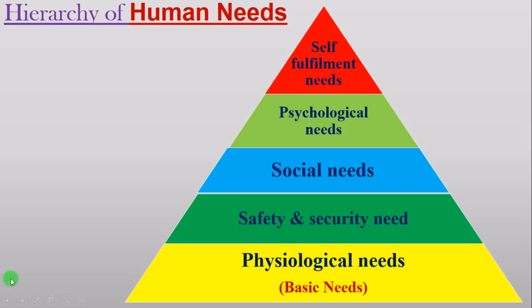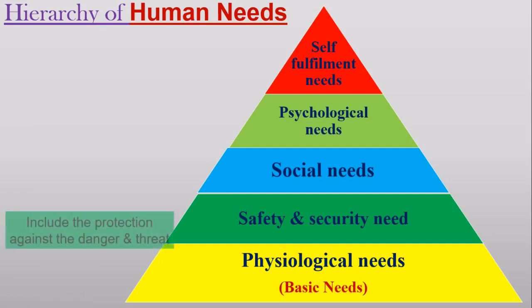Okay, what are the physiological needs? Generally, physiological needs include the basic needs of the customers. All of you know the basic needs are food, shelter, and other activities, which are the very basics. On the basis of these needs, customers want preferably.